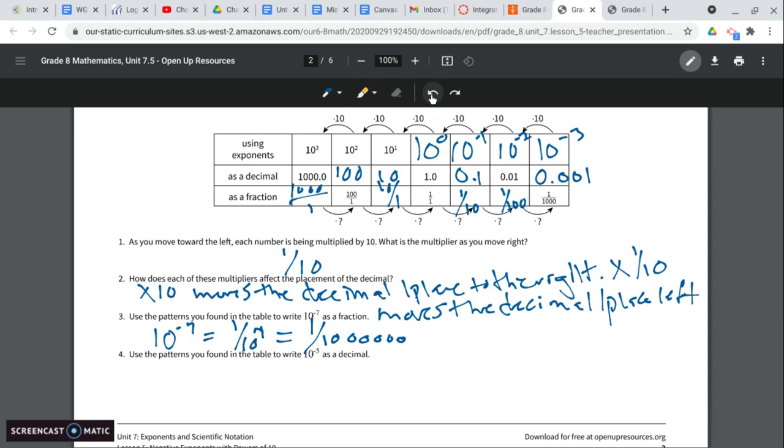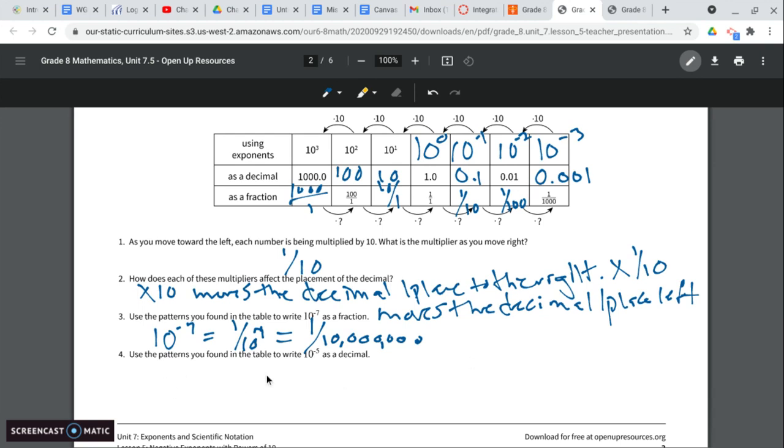I was right. I miscounted, but I accurately made the zeros. So it'd be 1 over 10 million, the same thing as 1 over 10 to the 7th, because 10 to the 7th is 10 million.